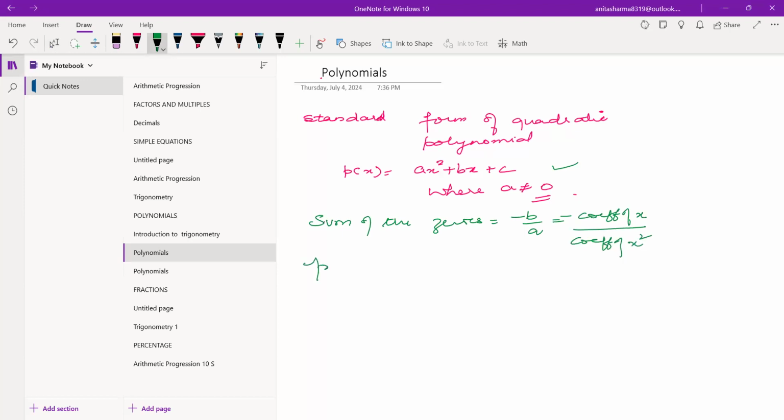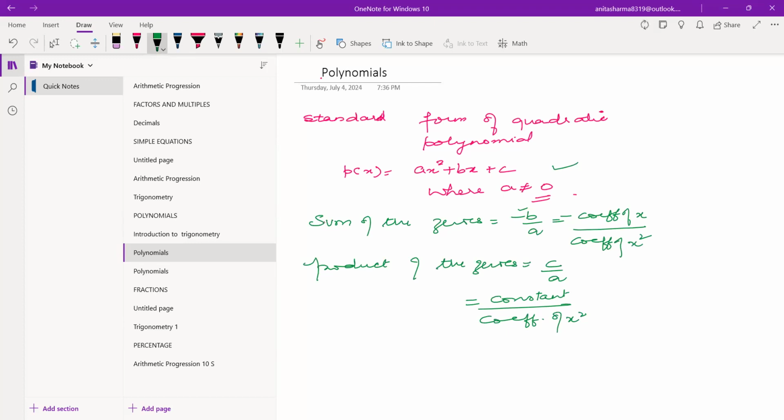Then product of the zeros is c by a. So alternate sign will come: in sum a minus sign will come, and in product of the zeros plus. So c by a, that is, constant term divided by coefficient of x square.